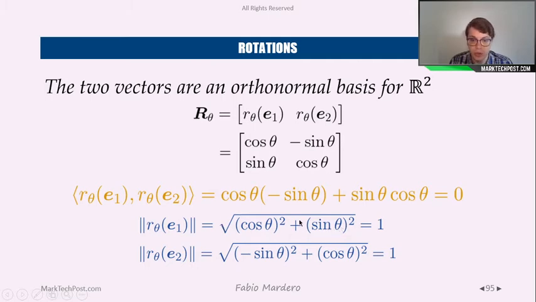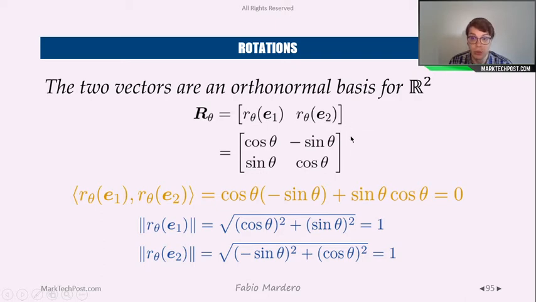So the square root of 1 is still 1, and then the norm of these vectors is equal to 1. So we didn't prove that these two vectors are a basis, but given this information, we can say that these two are an orthonormal basis.